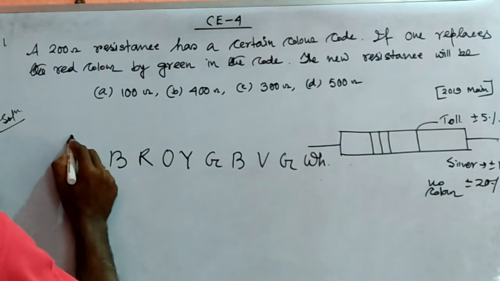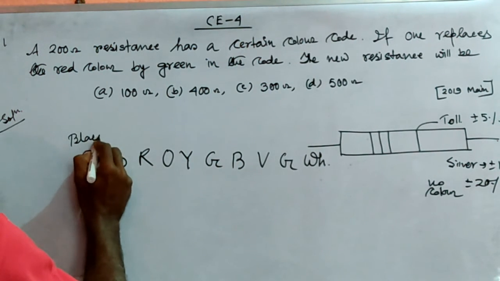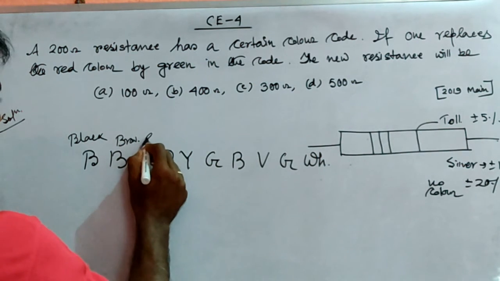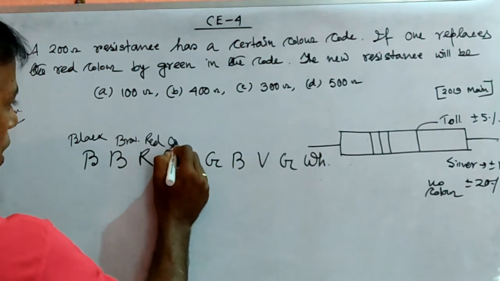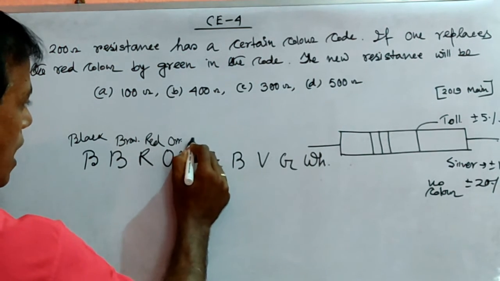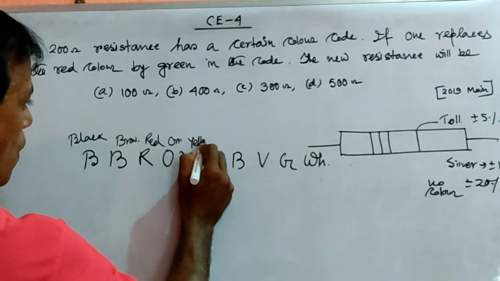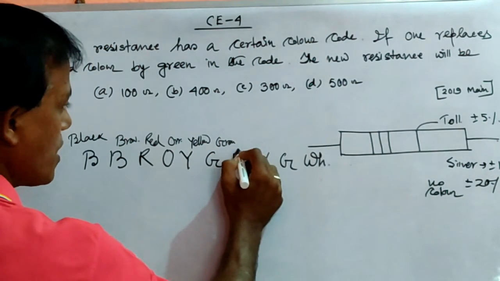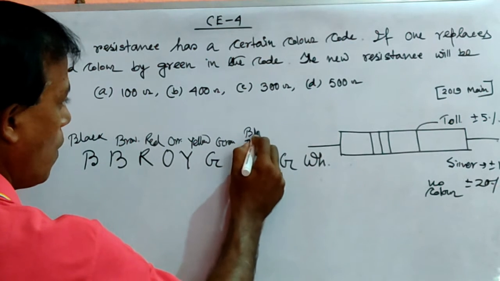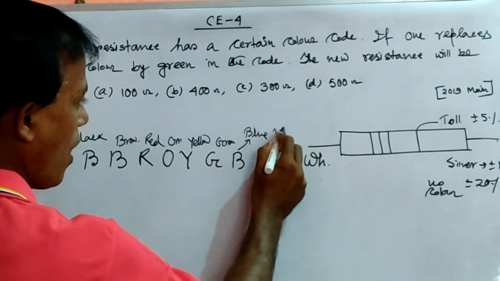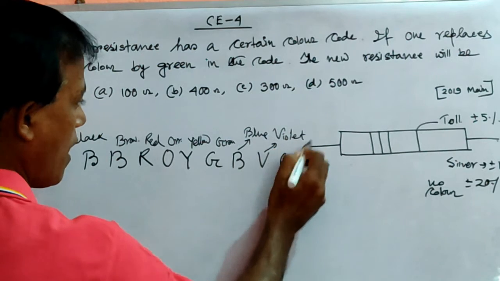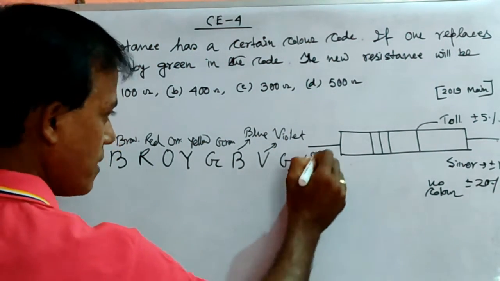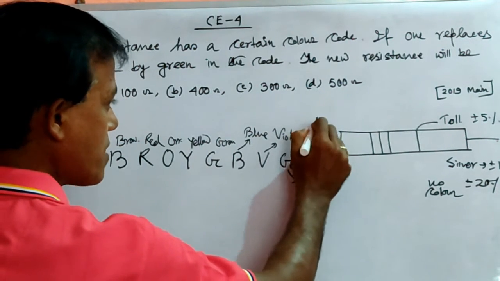So it is black, brown, red, orange, yellow, green, G for green, B for blue, V for violet, G for grey, and WH means white.